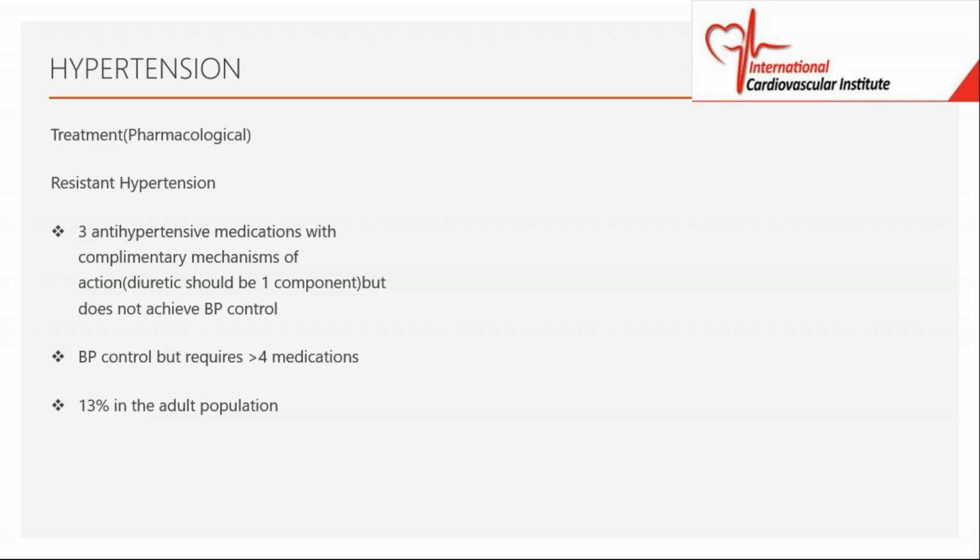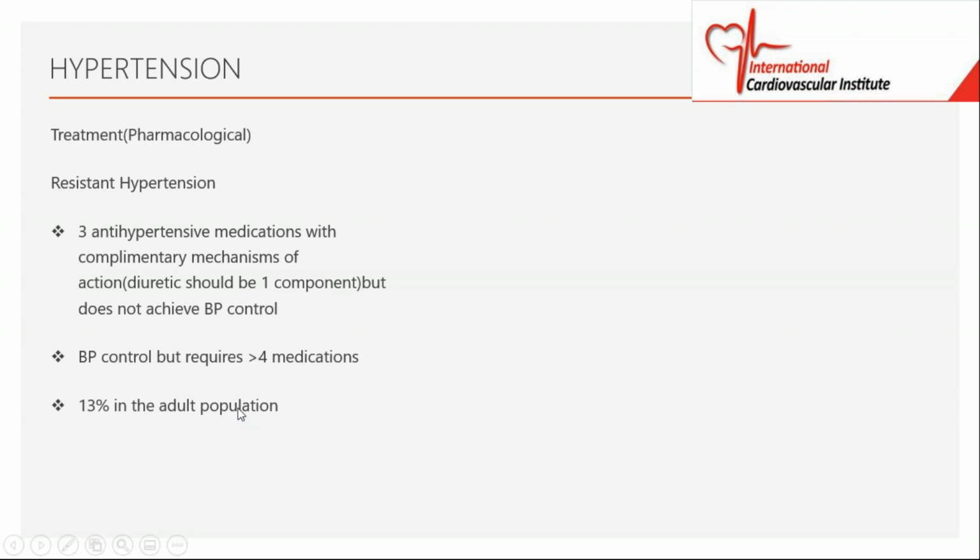Or if the blood pressure is controlled, but it requires more than 4 medications. So 3 antihypertensives with complementary mechanisms of action, one of which has to be a diuretic, and the blood pressure is still not controlled: resistant hypertension. 4 or more medications to control the blood pressure: resistant hypertension.